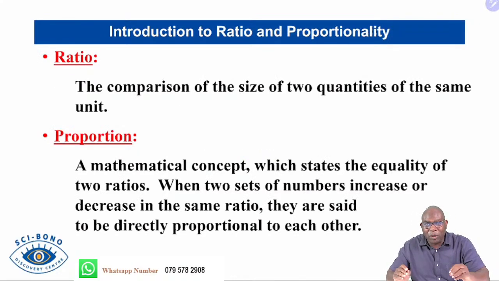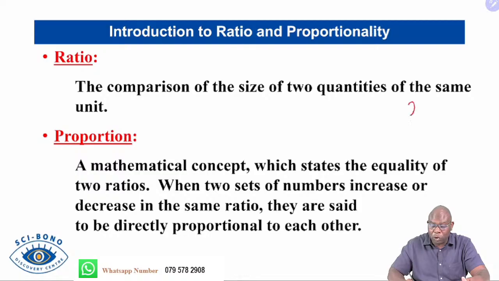Now, just to introduce you quickly to ratios and proportionality. What is a ratio, by the way? It is a comparison of the size of two quantities of the same unit. And what is proportion? When talking about ratio and proportion, the proportion is the mathematical concept which states the equality of two ratios. I can just quickly cite an example.